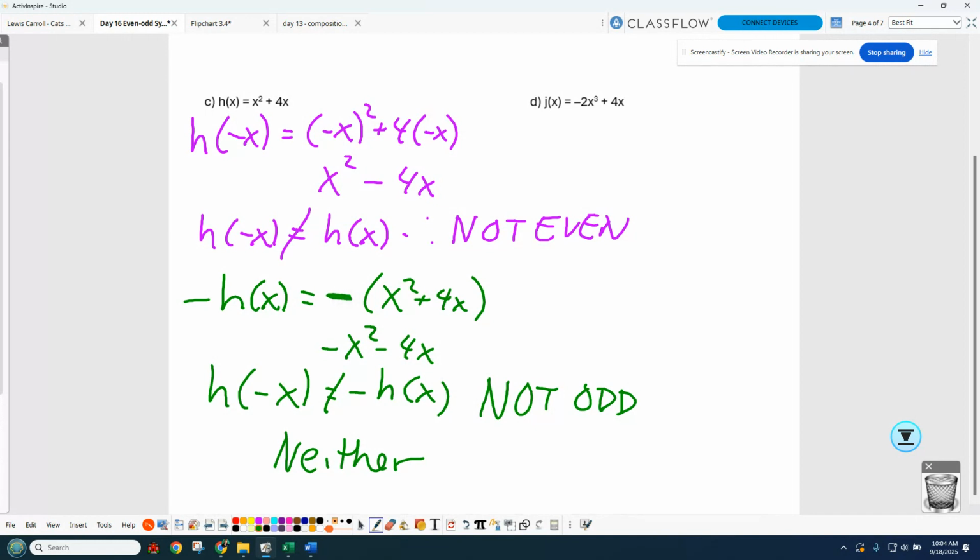I need to see that it failed this test, and I need you to tell me it's going to be neither. I need to see these steps. I need to see that you understand and you're showing the algebra, not just having an understanding of the geometry. You probably know what it looks like, so I need more than that.